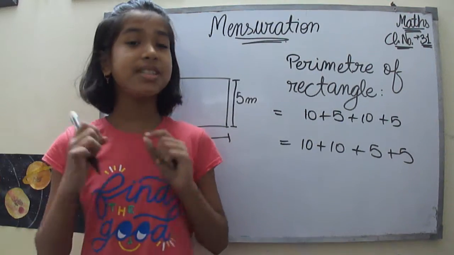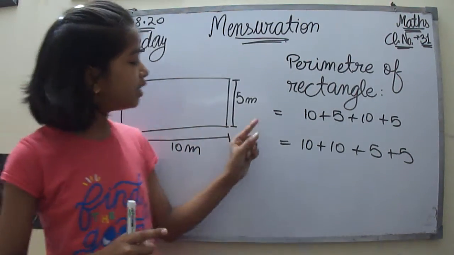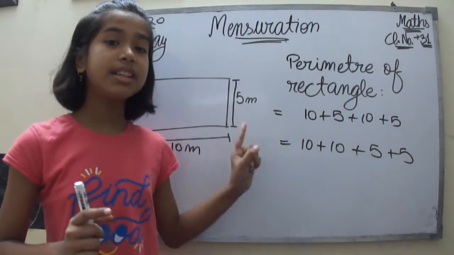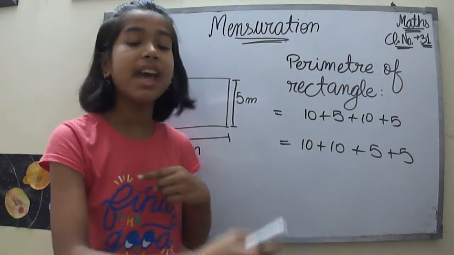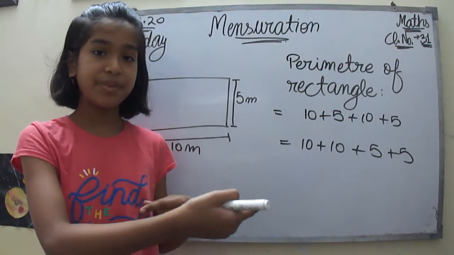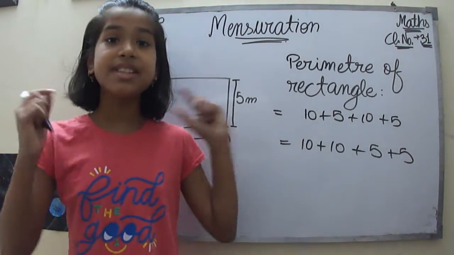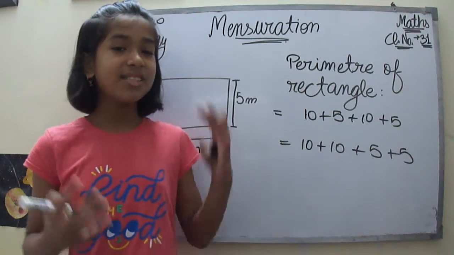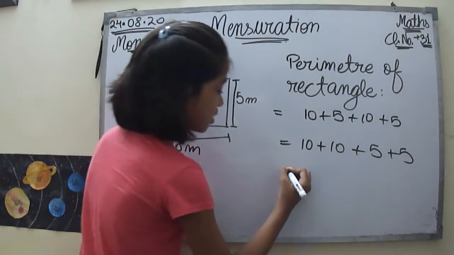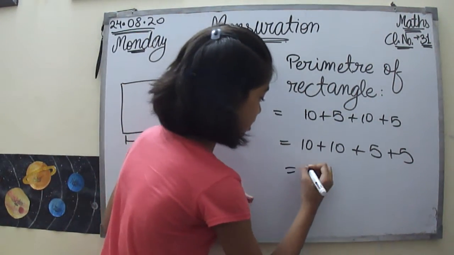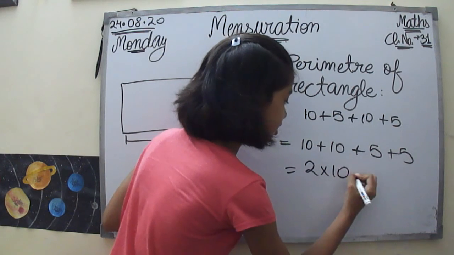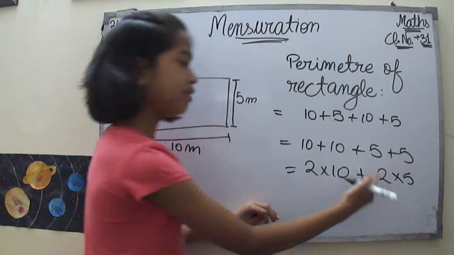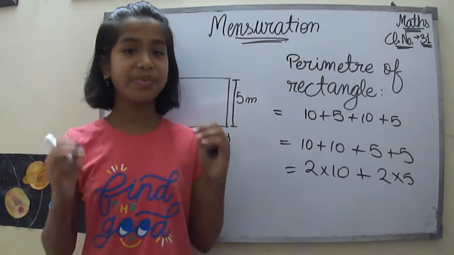Or more simply, we can see that 10 is added to 10, or the 10 is repeatedly added to itself. It is added to itself, so that's why we can also take the help of multiplication again. So now let's simplify this. We can also do it like this: 2 into 10 plus 2 into 5, as 5 is also added to itself.